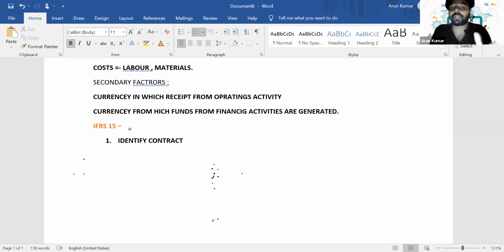That means that the transaction should have a commercial substance. So these are the different factors we need to consider when we are recognizing the first step, that is identification of a contract. So identify whether there is a contract or not. That is your step number one.